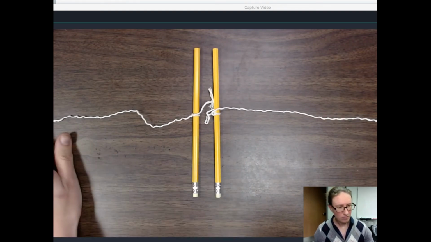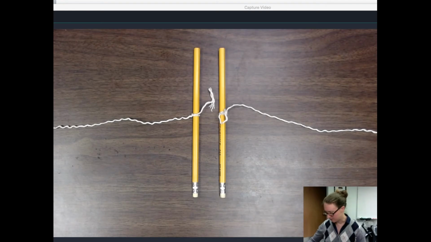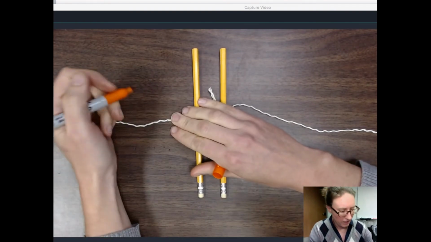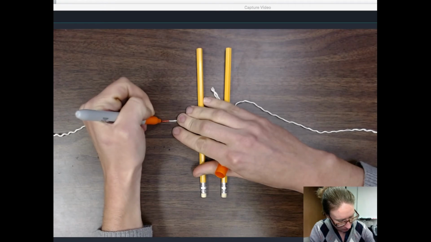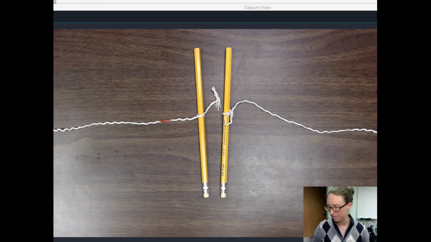So how can we get to the bottom of that matter? What scientists figured out is that we could label a part of this string here with a marker of some sort.